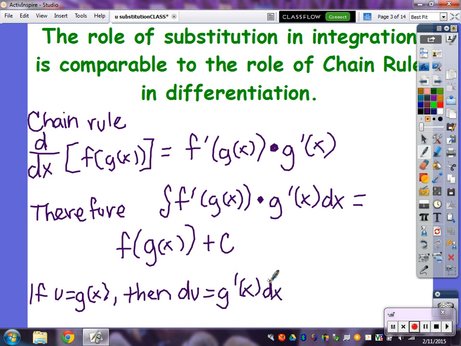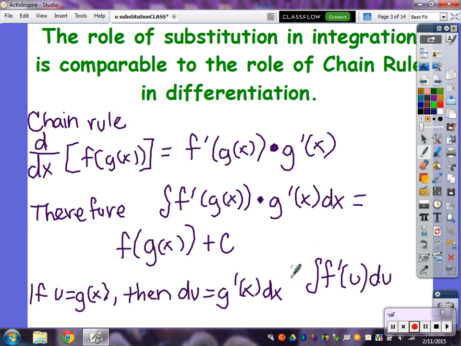Remember, you have to accommodate for whatever the derivative of this inner function could be. And so when we use substitution, we could rewrite our original integral as the integral of f prime of u, because remember we're letting u equal g of x, times du.